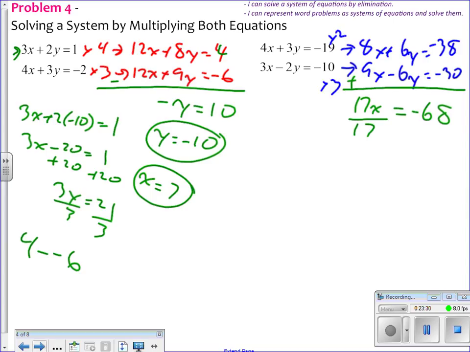Divide both sides by 17. X equals negative 4. Easy peasy. Take negative 4, put it into either one of these.